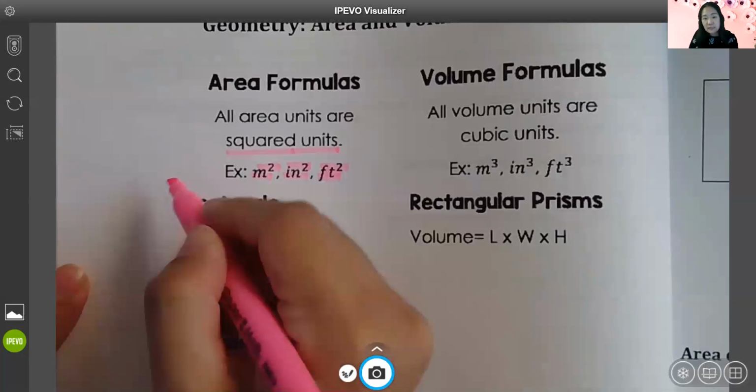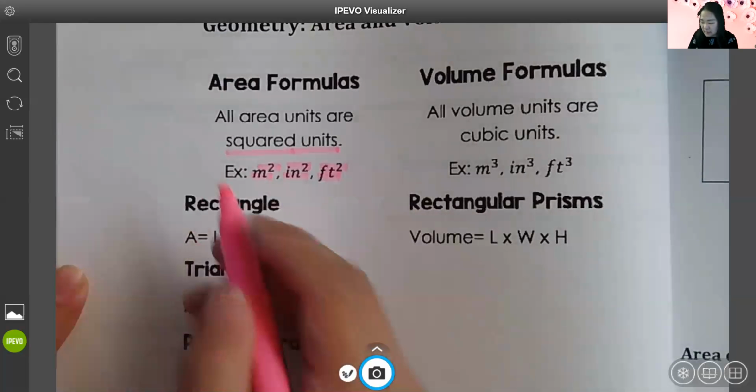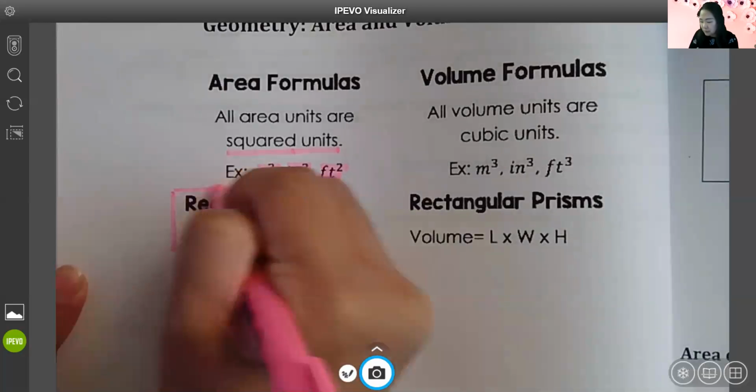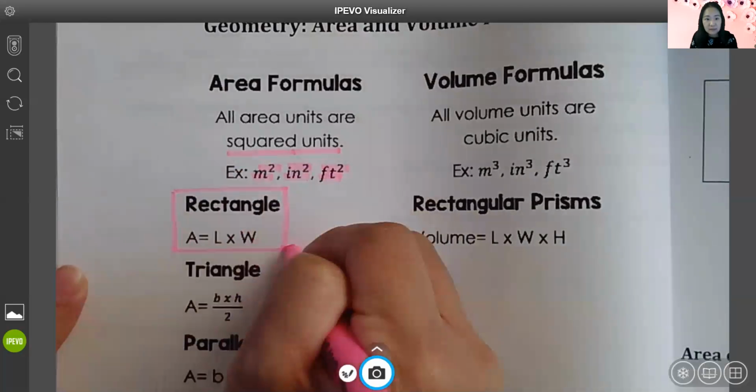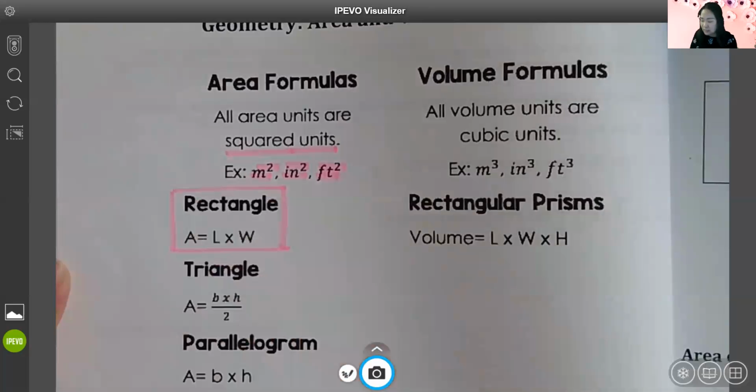Two of the formulas out of the three that I'm going to talk about are here. The area of a rectangle is length times width.